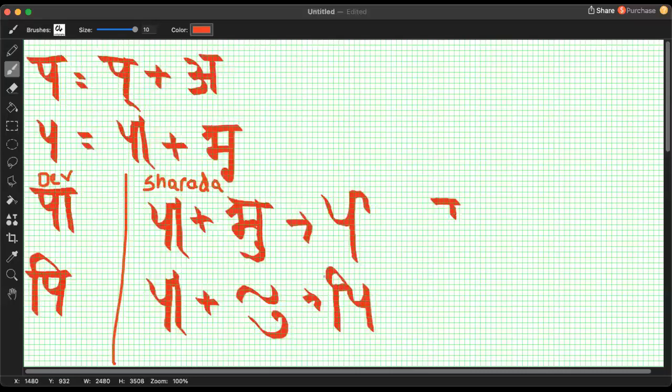But here, the curve has to connect to the left part of the alphabet, keeping this portion empty. So the matra here is this. This is pi.